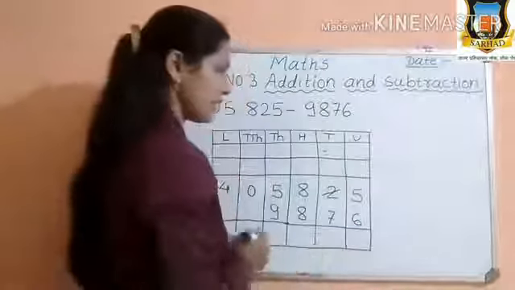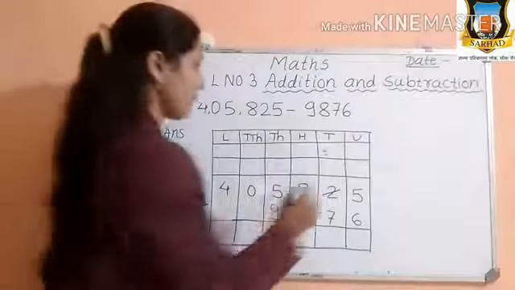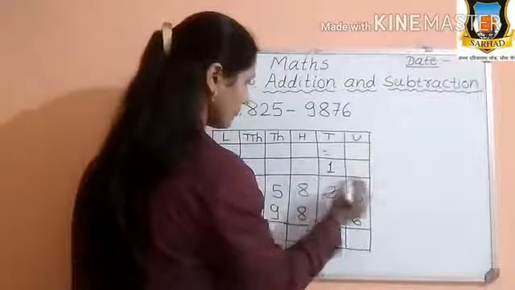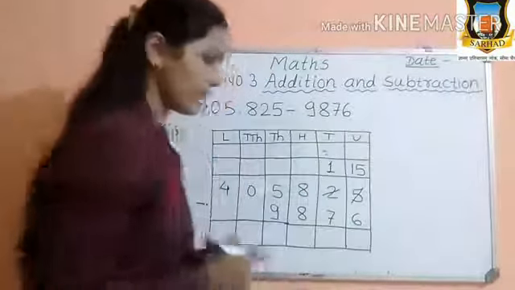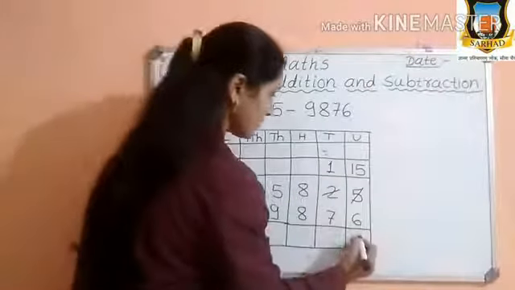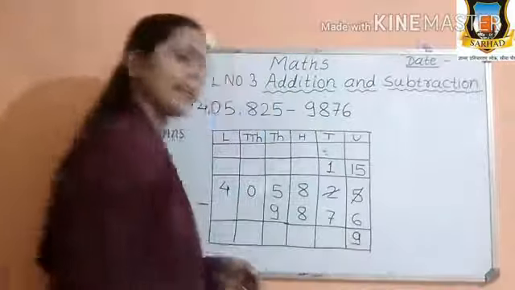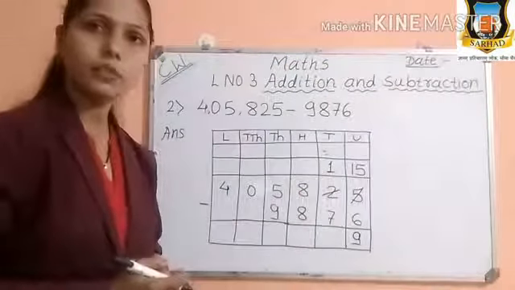If we take one borrow from 2, then there will remain 1, and here comes 10 plus 5 units, that is 15. 15 minus 6, 9 is there.